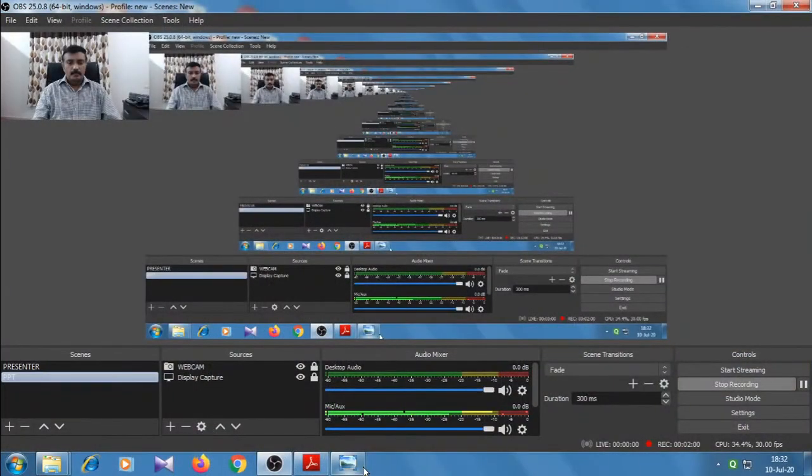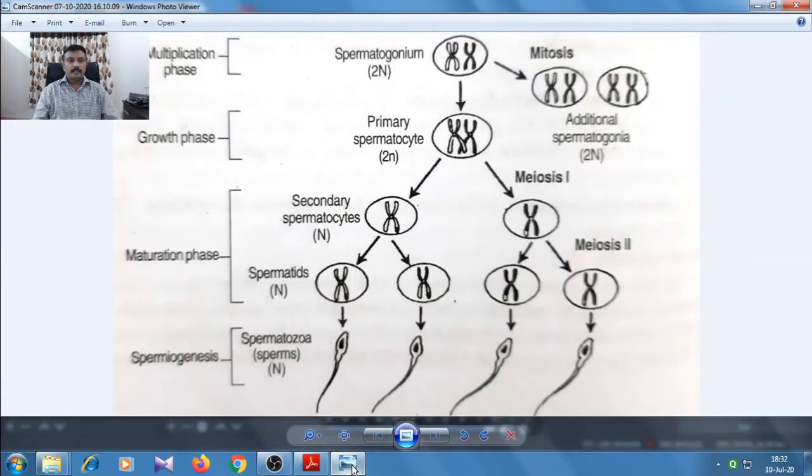Now we will see what happens to the primordial germ cells in the first phase, that is the phase of multiplication. In the phase of multiplication, what happens?